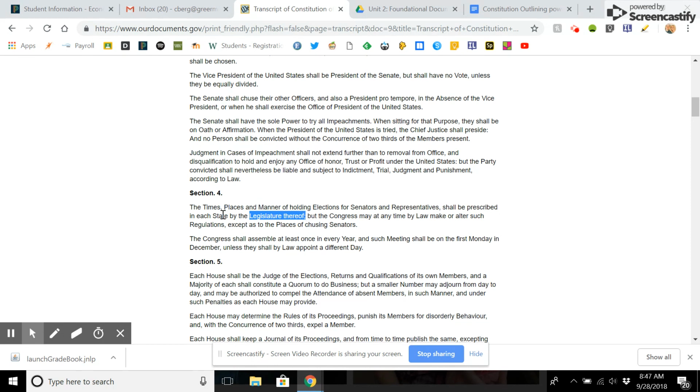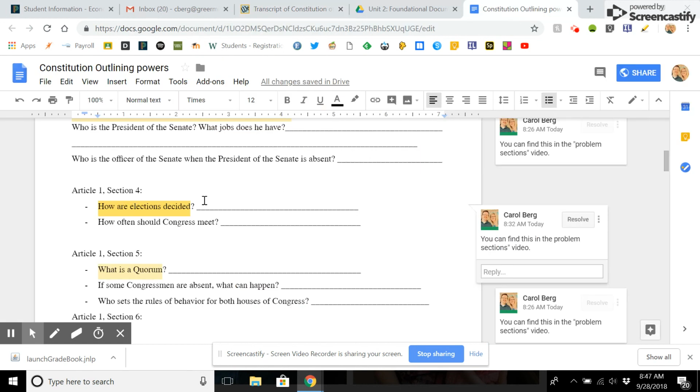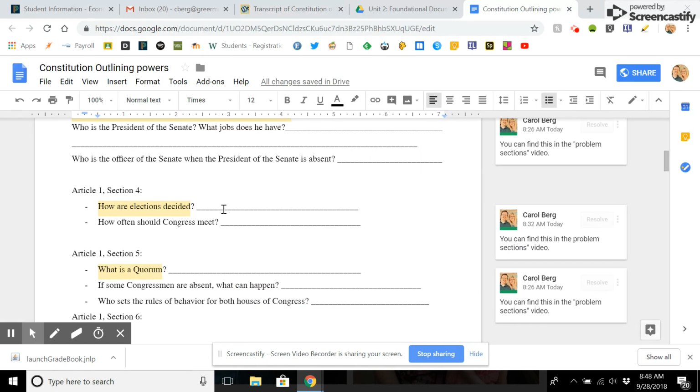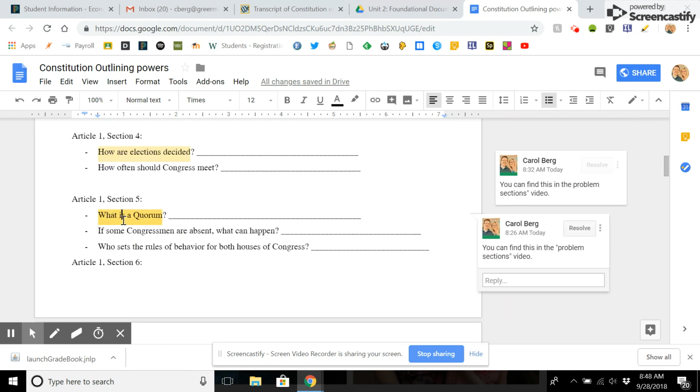Thereof what? Thereof the state. So what it's saying here is that the way that we do elections is decided by each state's legislature. So the state of South Carolina decides for us, and that's what you're going to write down right here. How our election is decided, the state decides. Each individual state decides its elections, okay?